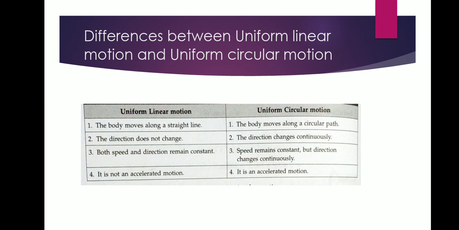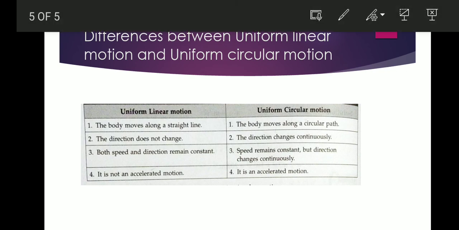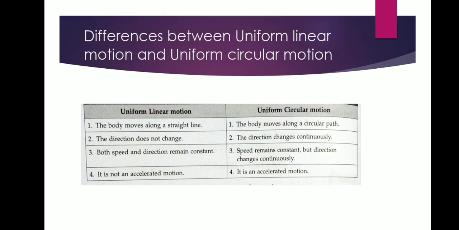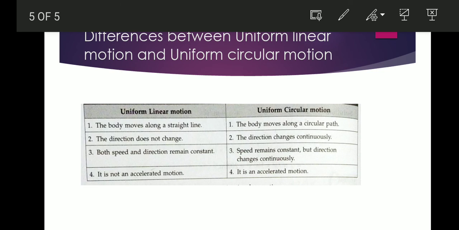In linear motion, both speed and direction remain constant, since it is straight line movement. But in uniform circular motion, speed remains constant, but your direction changes continuously. Linear motion is not accelerated motion, but circular motion is accelerated motion.